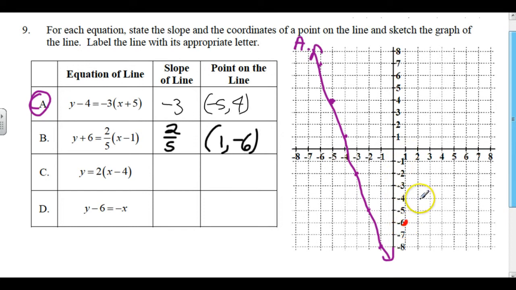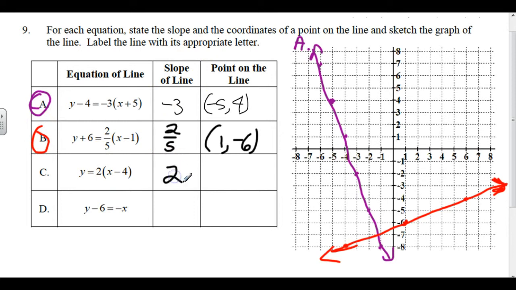Up 2, over 5. If I can, I like to fit more than 2 points. Sometimes we will draw with only 2 points, but if we can get more points on there, the merrier. And that's B.